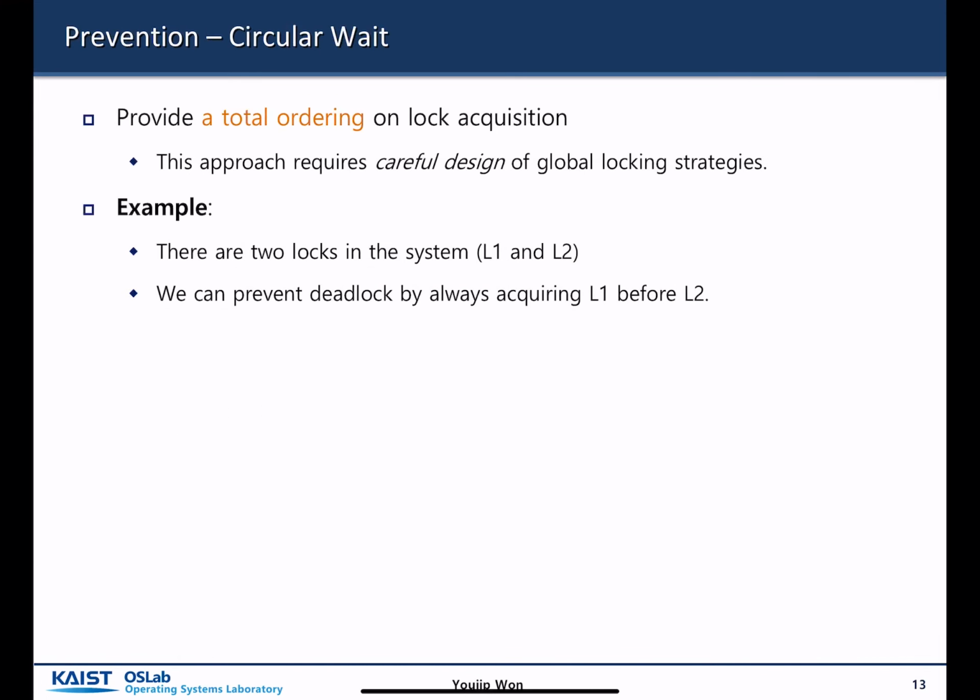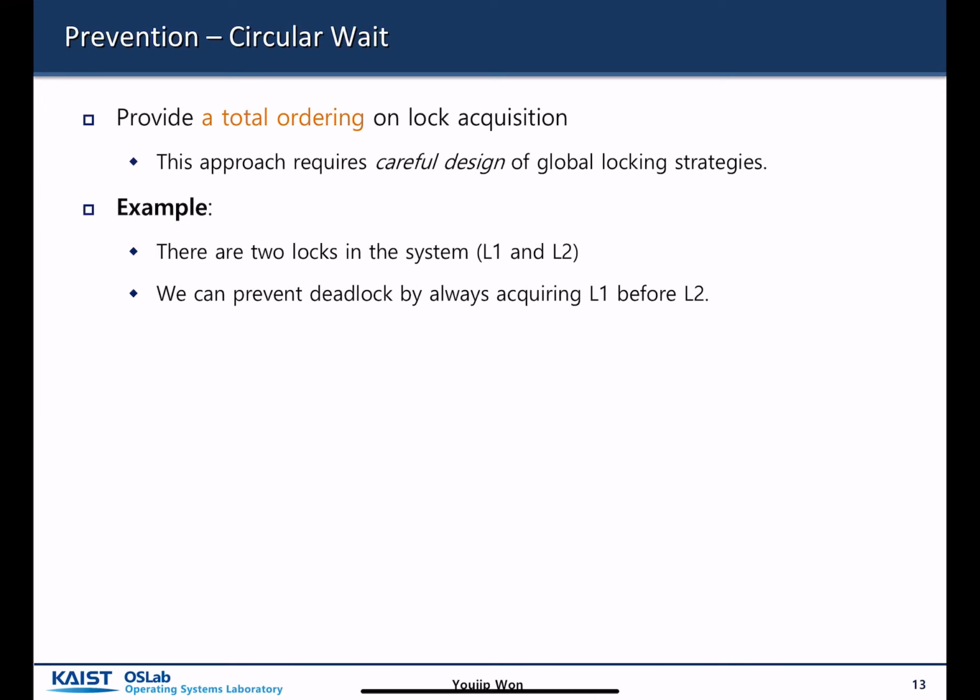The first approach of deadlock prevention is eliminating the possibility of circular wait. The way to eliminate circular wait is to provide a total ordering on lock acquisition. This approach requires careful design of the global locking strategy. For example, there are 2 locks in the system.